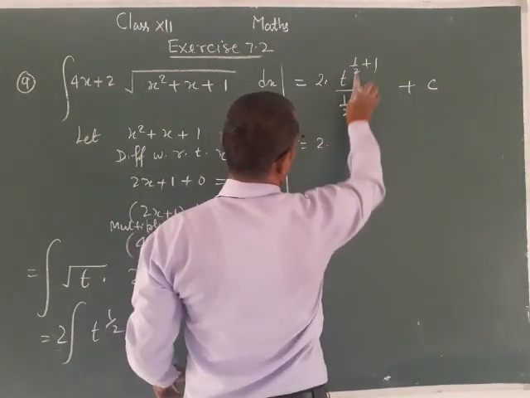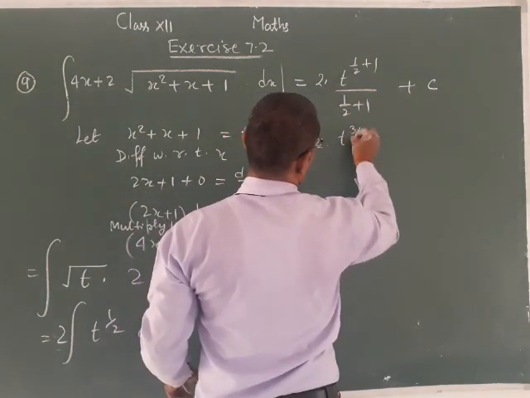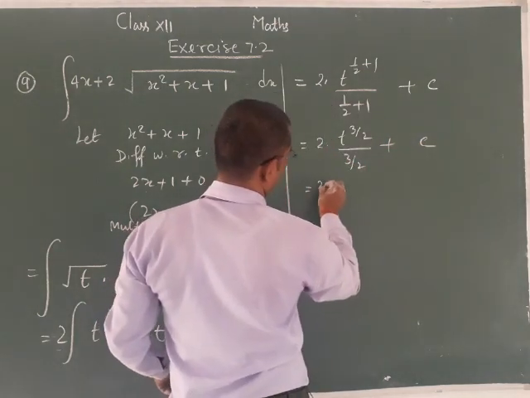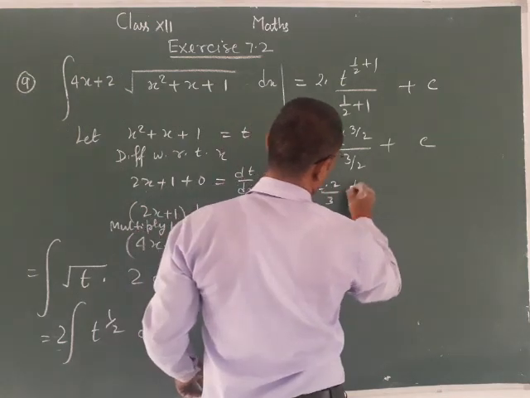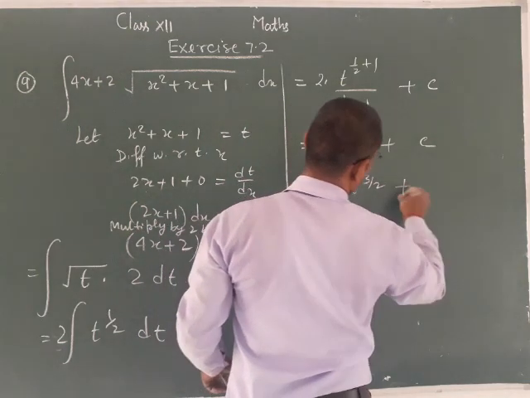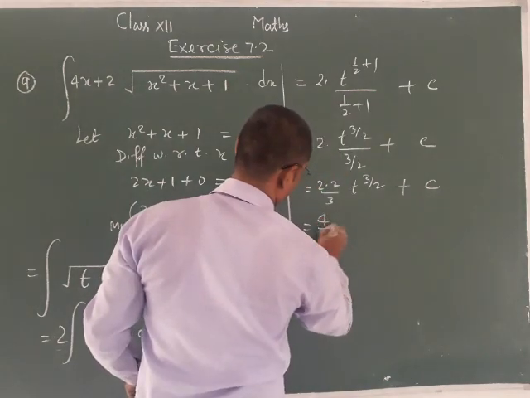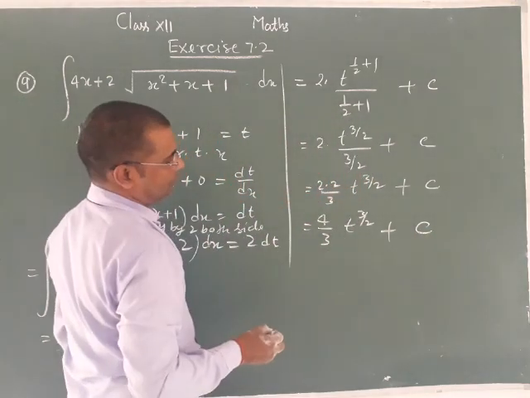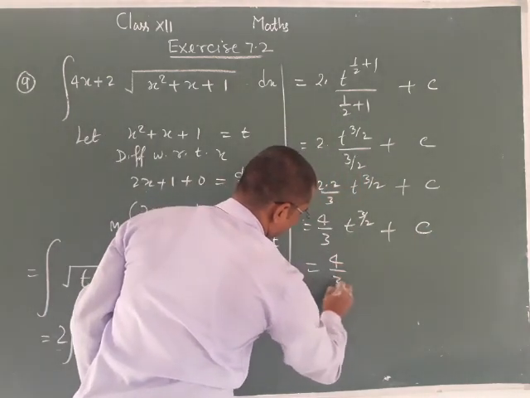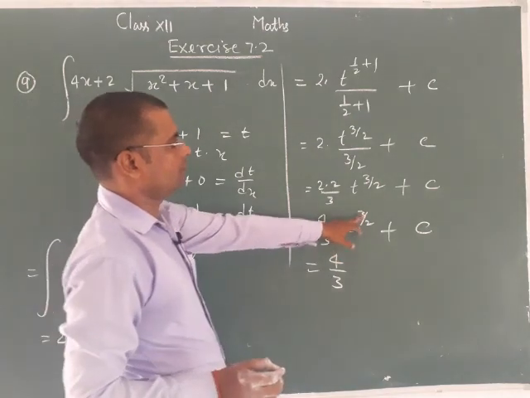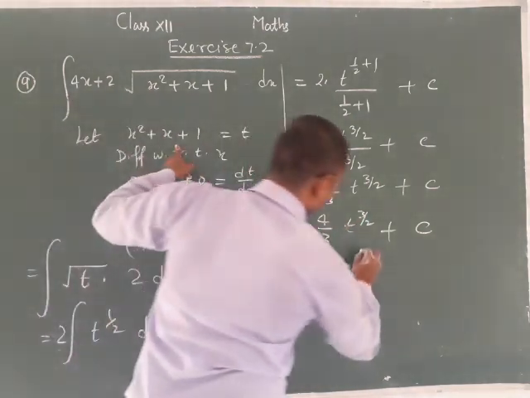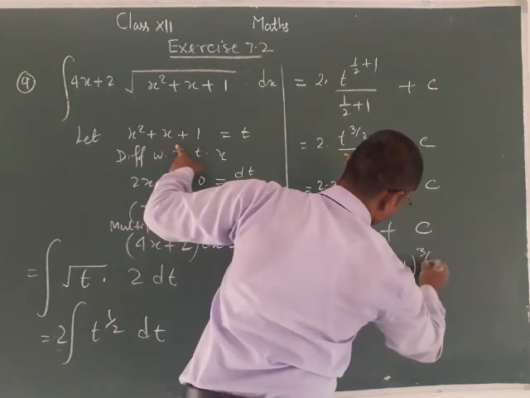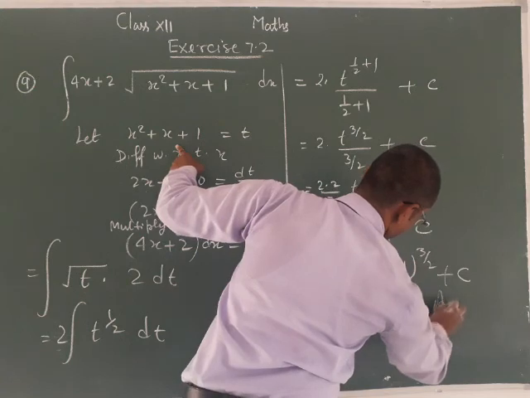So 2 into t to the power 3/2 upon 3/2 plus c. So 2 into 2 upon 3 t to the power 3/2 plus c, that is 4 upon 3 t to the power 3/2 plus c. So 4 upon 3 and t is (x square plus x plus 1), so (x square plus x plus 1) to the power 3/2 plus c. This is the answer.